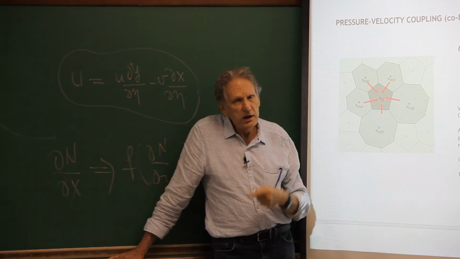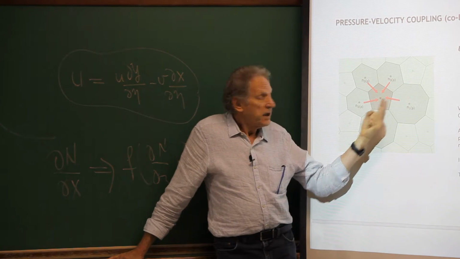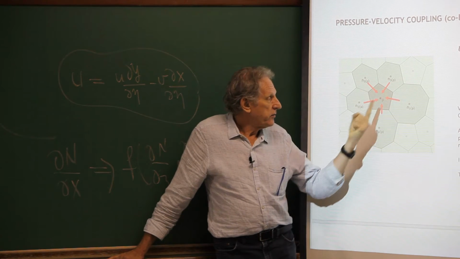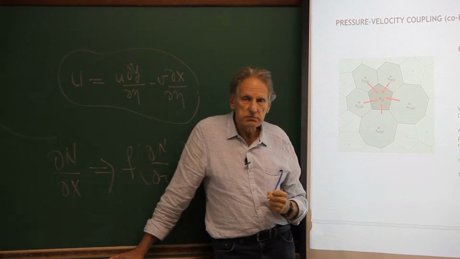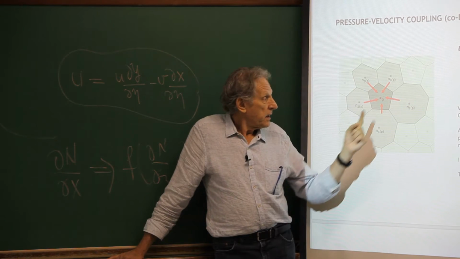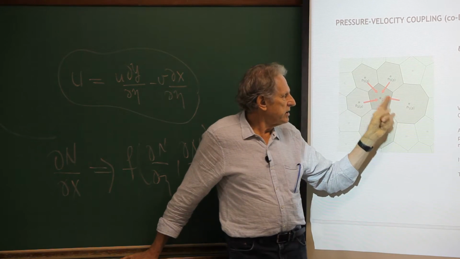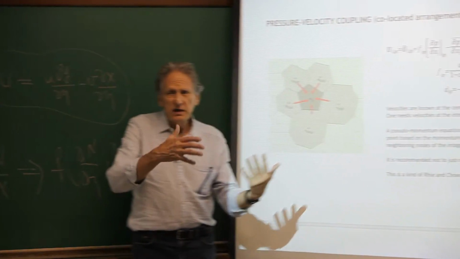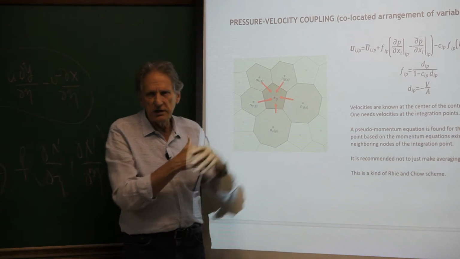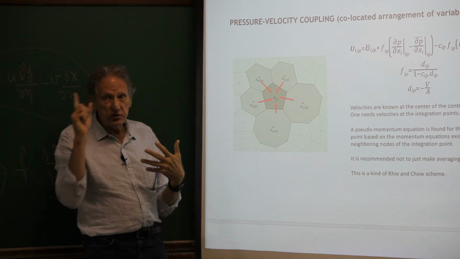The idea, and you already know that from the previous course, is to create a pseudo-momentum equation for the red arrows here in the integration points. Then you can have the velocity at these integration points, which is some averaging of the terms of the approximate equation.